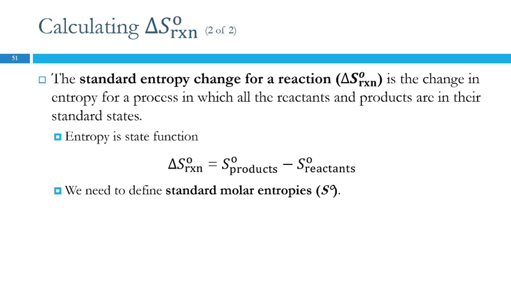So that was 0 for enthalpy. So the standard entropy change for a reaction, delta S with a degree symbol, is the entropy change for a process where all the reactants and all the products are in their standard states, okay? Just like enthalpy, entropy is a state function, meaning it doesn't matter how you got there, it's just where did you start and where did you end up. So in 1A, the analogy is a change in elevation.